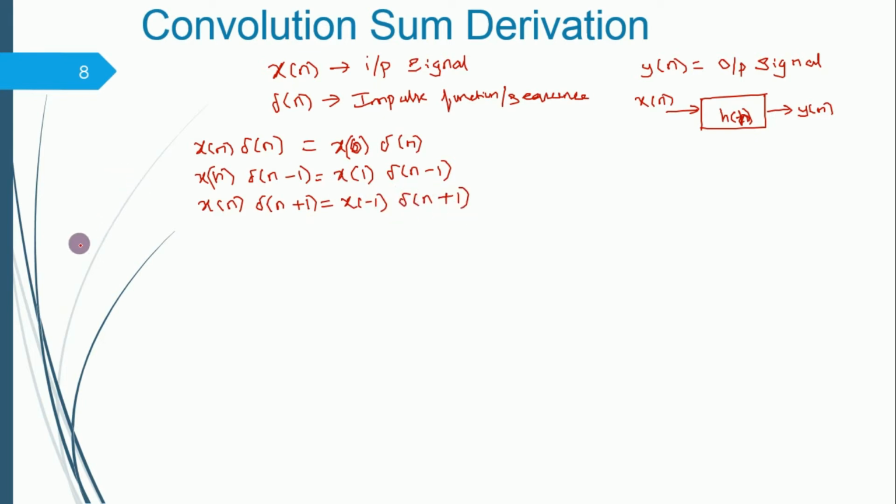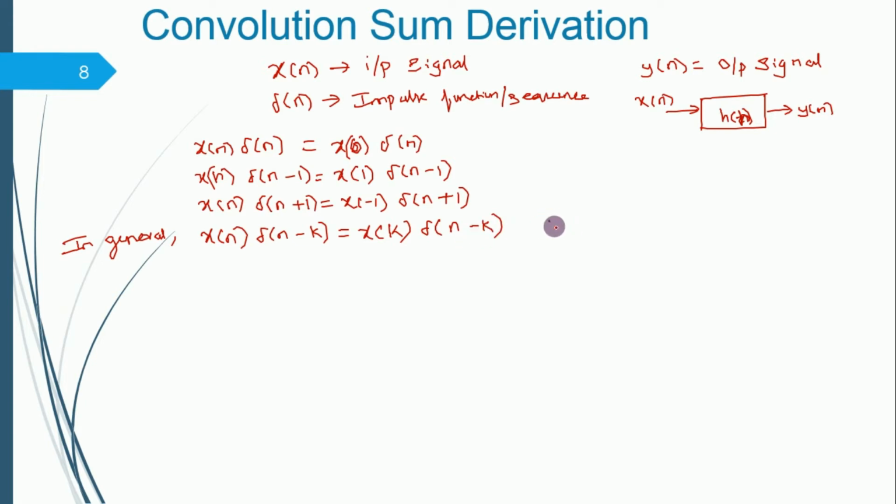So in general, x of n delta of n minus k can be written as x of k delta of n minus k.